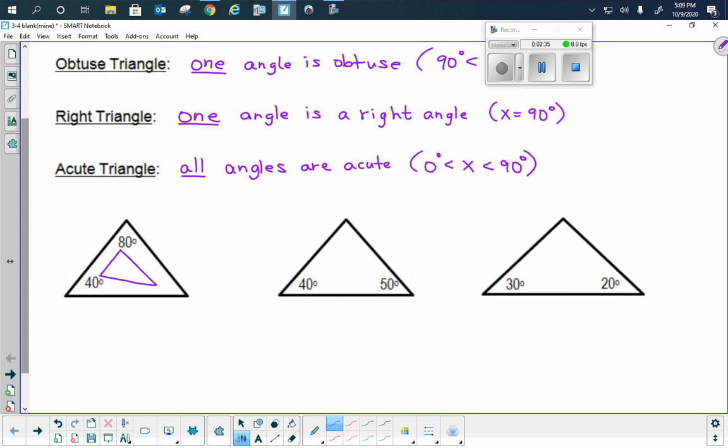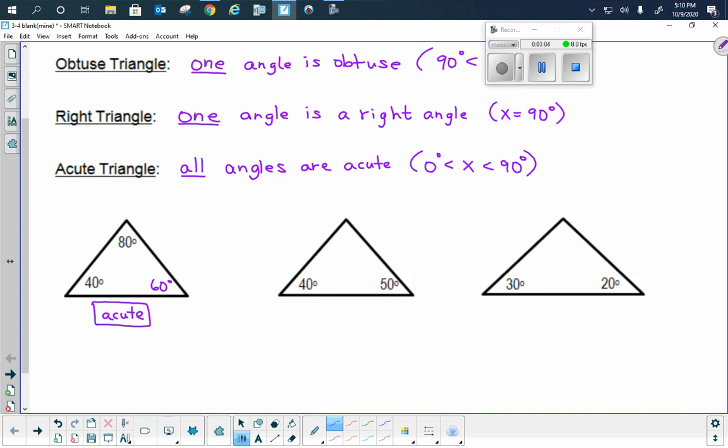So if I do 40 plus 80 to get 120, and then subtract that from 180, you should agree that this angle is 60 degrees. All right, let's analyze. All of those angles are less than 90, so they're all acute, which means this is an acute triangle. Okay, there's how you would show the work. That's the minimum amount of work you can have.